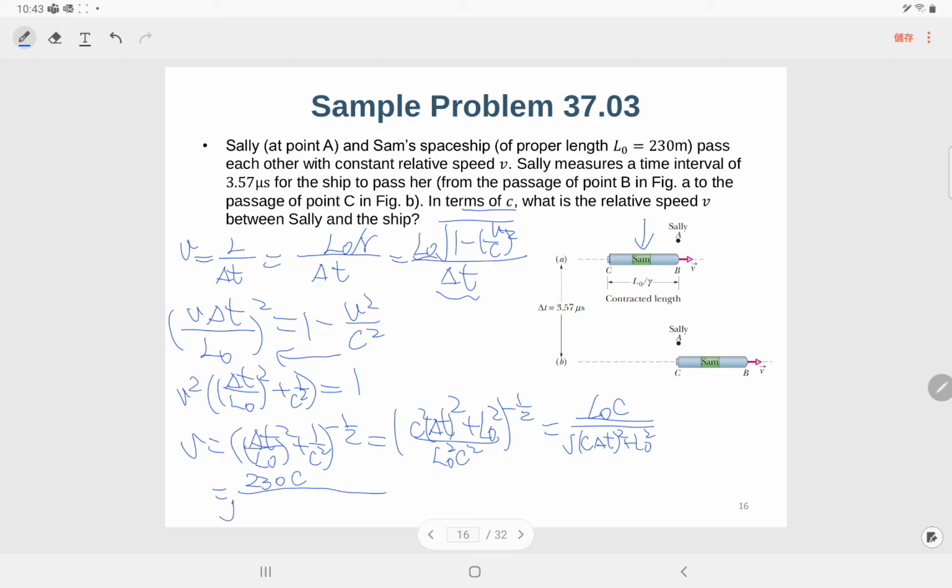Delta t is 3.57 times 10 to the minus 6, times 2.998 times 10 to the 8th, then take the square, plus L0 squared, which is 230 squared. So it is 0.210 c.